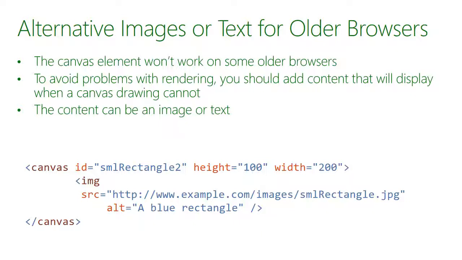That would be ignored by browsers that do understand the canvas tag, but it would be implemented, i.e. displayed, by those older browsers that don't understand the canvas tag. So you're just substituting a JPEG image of a blue rectangle for the canvas alternative.